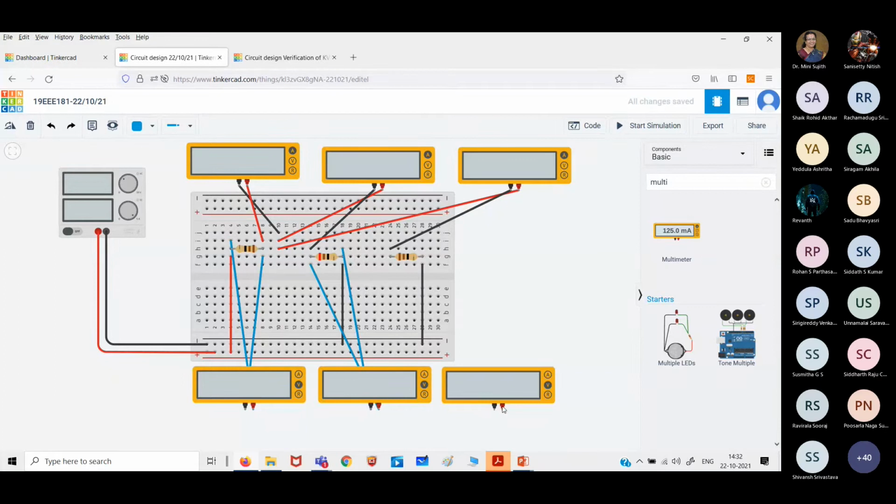So second voltmeter is ready. Third voltmeter is for the third resistor, across this. Done everyone? Now you understood why I preferred the horizontal way of putting the resistors, because I'm having more options to connect.